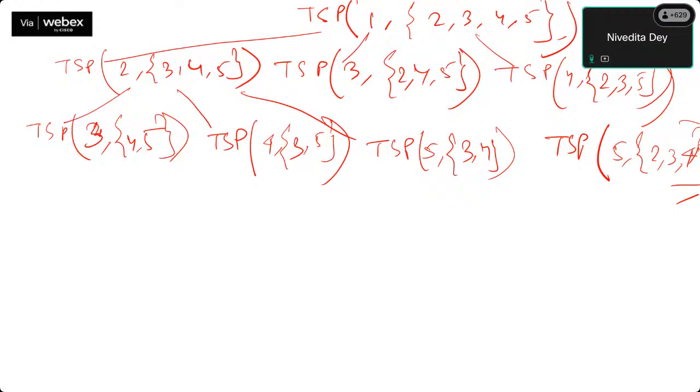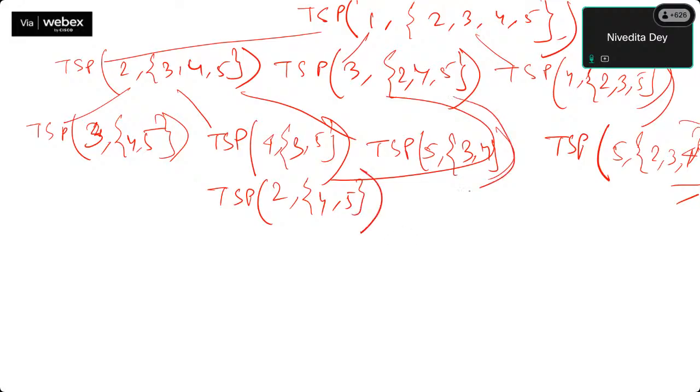So right now we are focusing on how unique all these problems are to each other. Okay, so this is 5, 3, 4. Now this one will be 2, 4, 5. Till now any repetition? I don't think so. TSP 4, 2, 5.